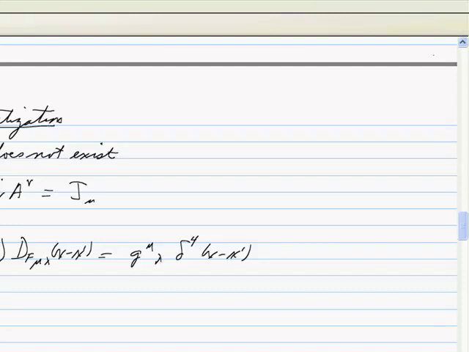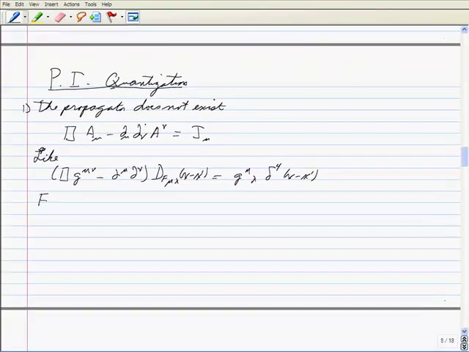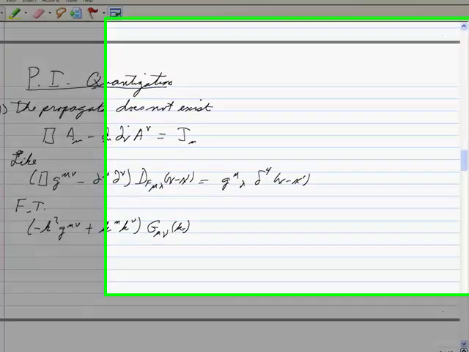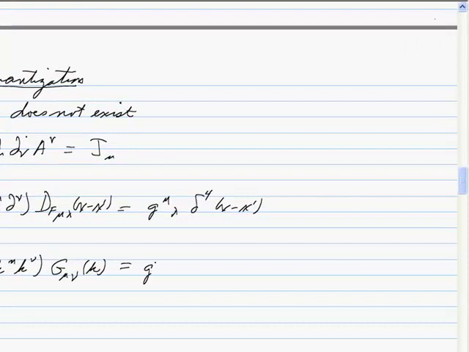Let's not do all the intermediate steps, but if you do the Fourier transform, this is basically minus k squared G mu nu plus k mu k nu on some G nu lambda of k has to equal G mu lambda. So clearly if you Fourier transform one, you get the other, right?